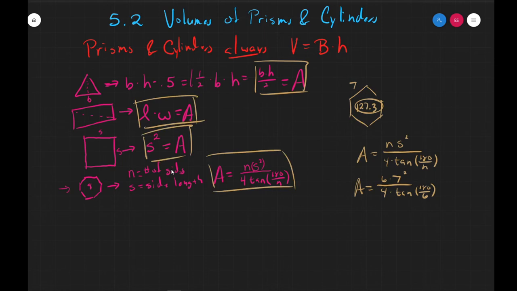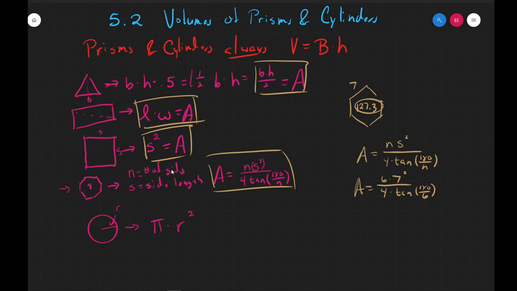All right, and there's one last shape that we want to be able to find the area of, and that is a circle. The area of a circle is going to be pi times r, which is our radius, pi times our radius, and that's going to be squared. Okay.